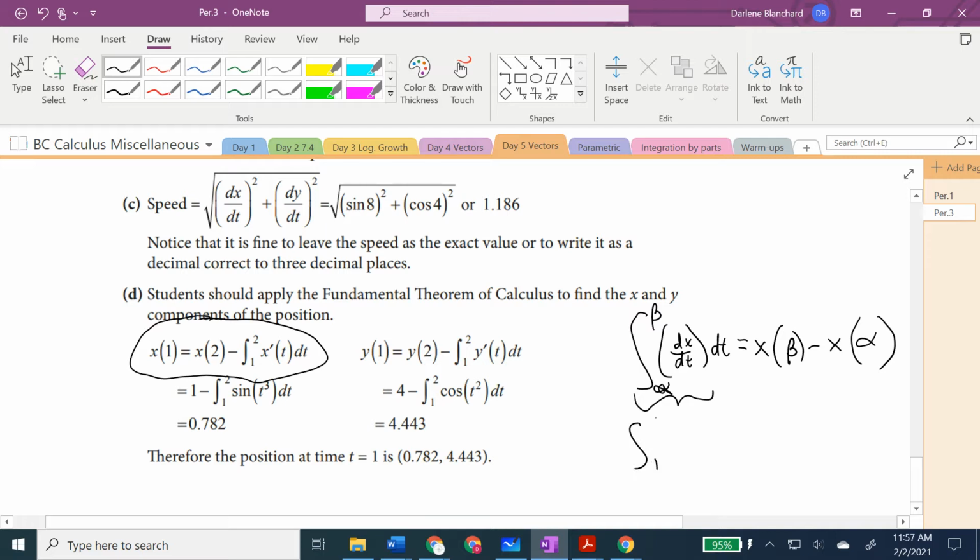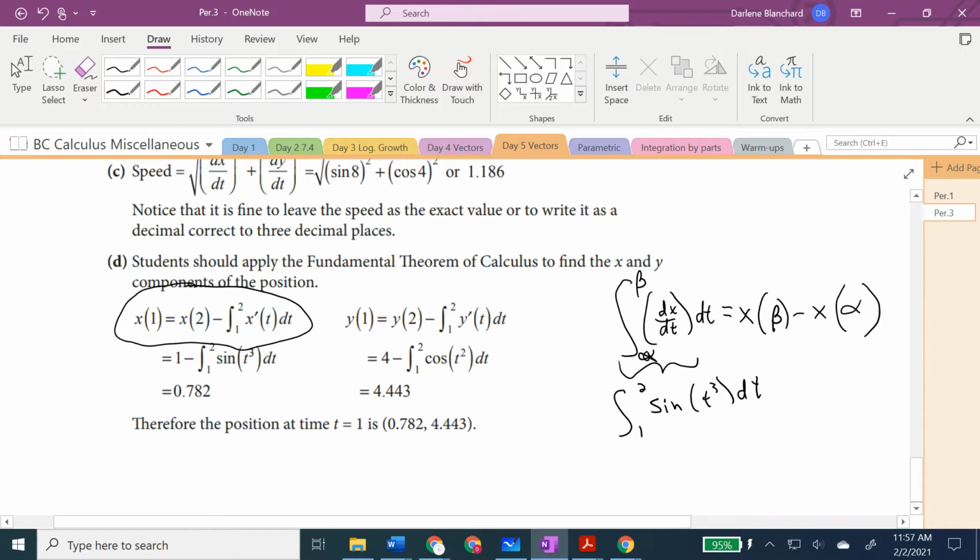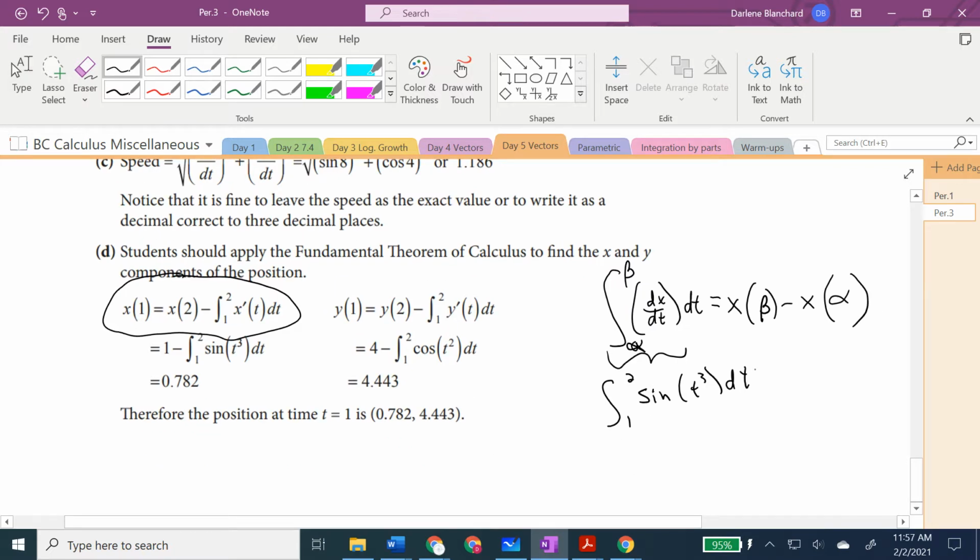So when you integrate from 1 to 2 the sine of t cubed, you are going to get a number, the answer to x of 2 minus x of 1.